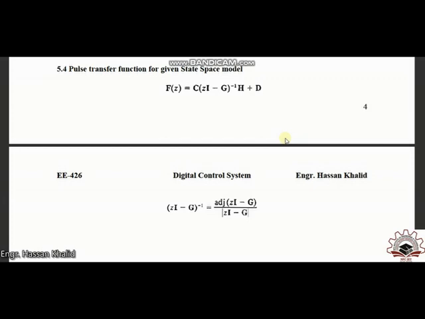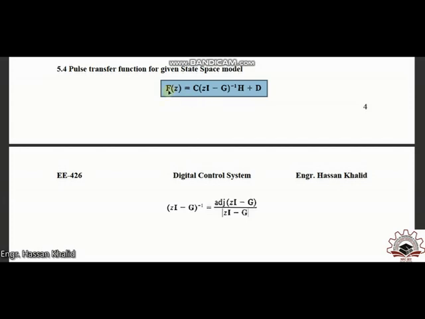Now this can be easily done for a given state space model. If you have the values of the matrices G, H, C and D, you can easily transform that information into a unique pulse transfer function by simply doing the same replica of the transfer function equation for the continuous time domain.